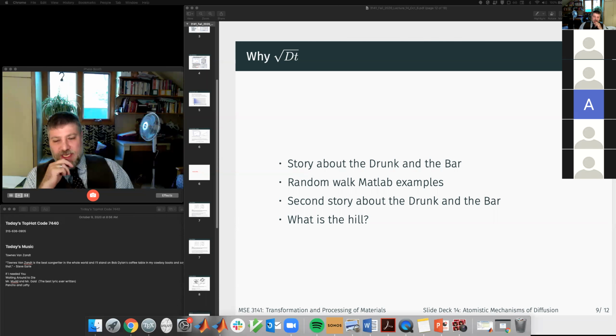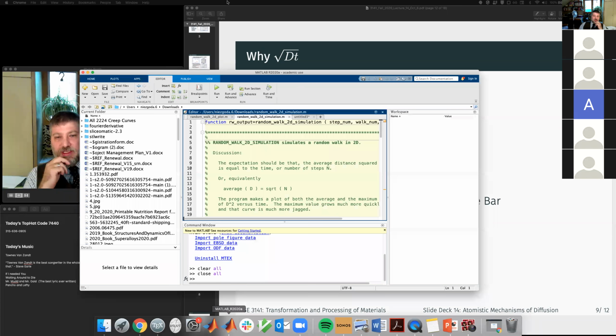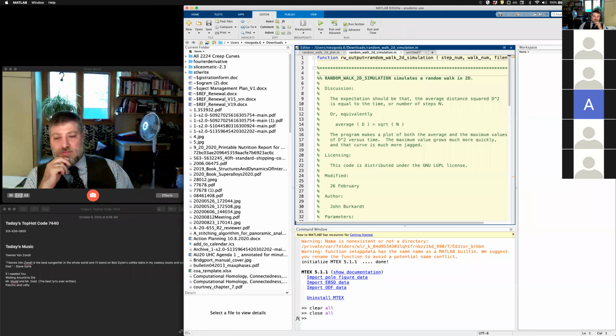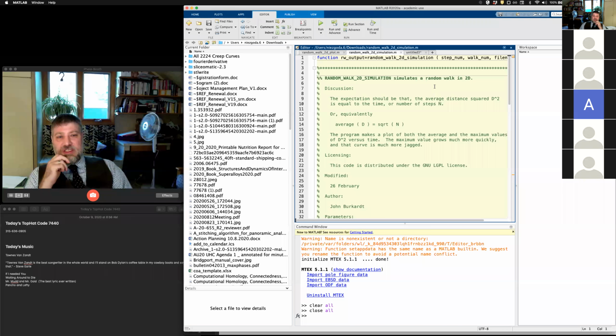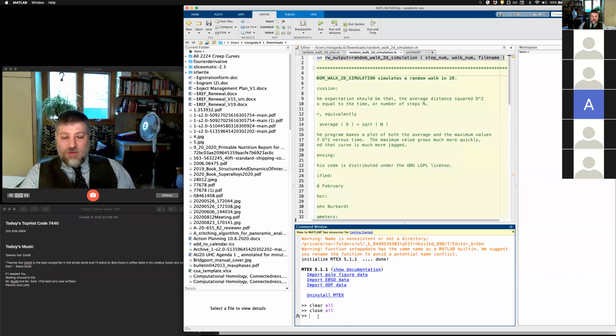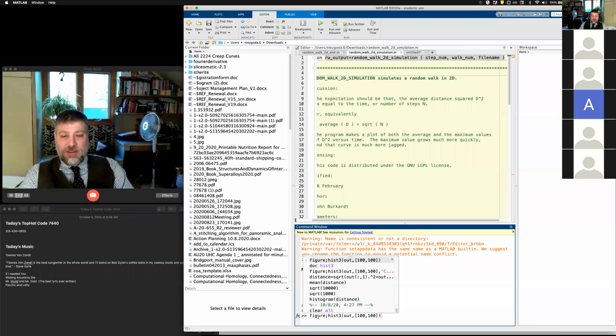But I want to take a quick look at doing some visualization here. So this is just a really simple random walk code here.